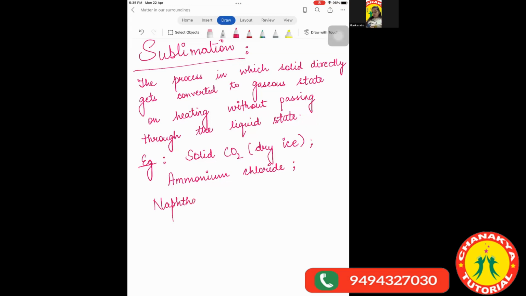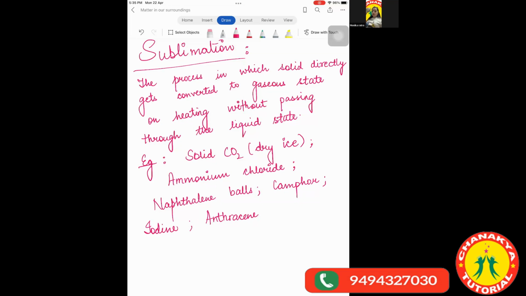Then we have camphor. Then we have iodine. Then we have anthracene. These are the few substances which undergo sublimation, right?